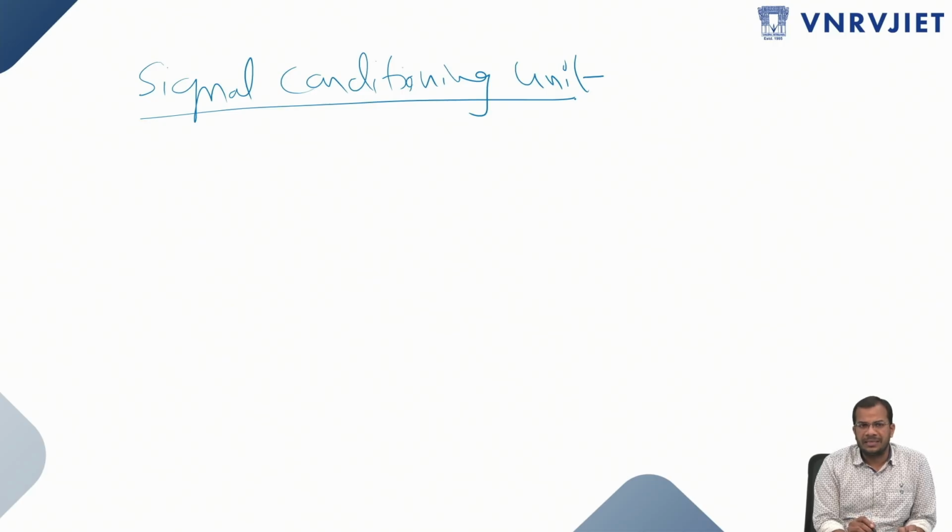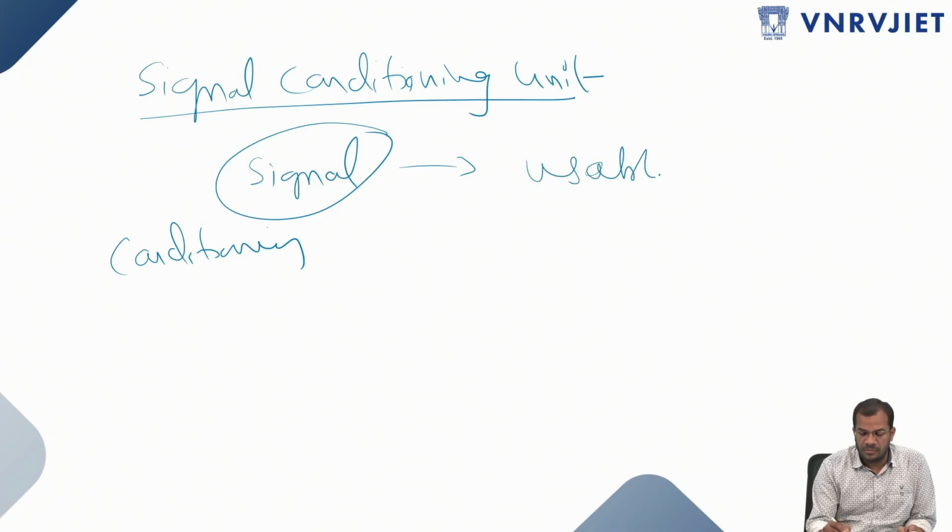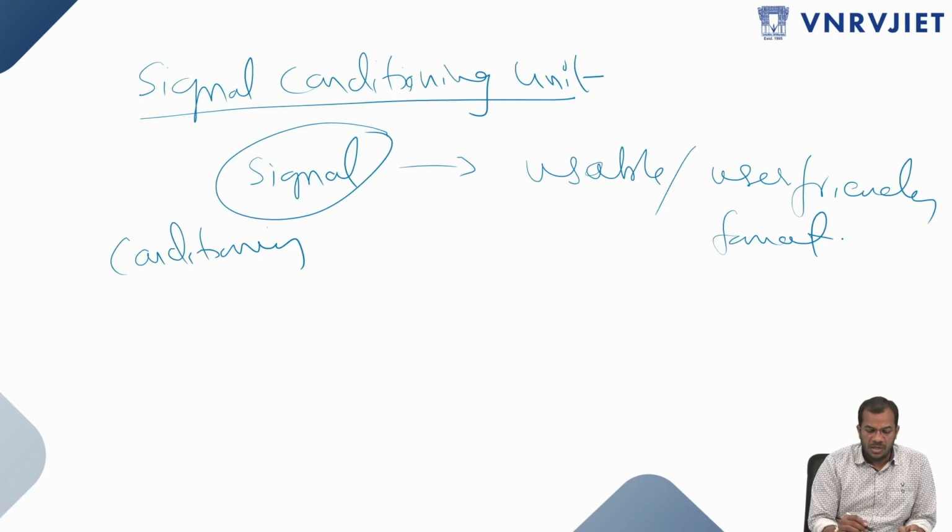Signal conditioning unit is nothing but you are conditioning the signal in such a way that it should be able to be seen in the form of a usable or user friendly format, so we can do any sort of actions. Here the signal, whatever you are getting from the sensor, is not exactly in the usable format, or you cannot directly say what is an output.